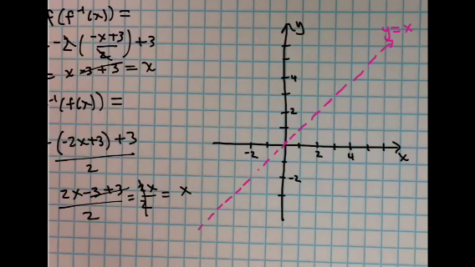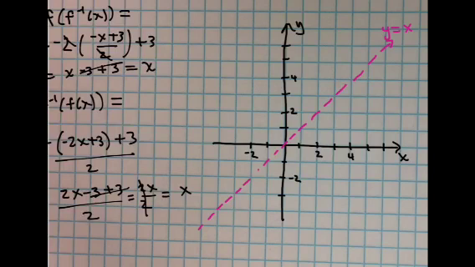Okay, so I've got it set up here so that you have the line y equals x already on the graph, on the xy plane. Remember, our two functions, f and f inverse, have to reflect over this line y equals x. So let's start off by plotting f of x, which is negative 2x plus 3.